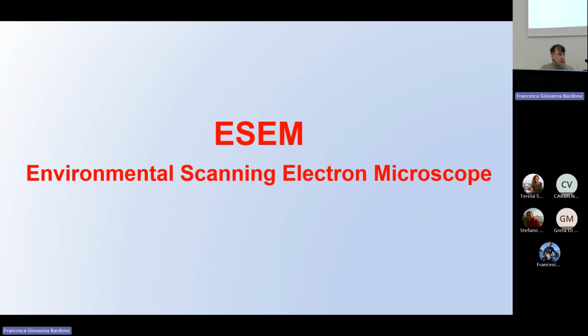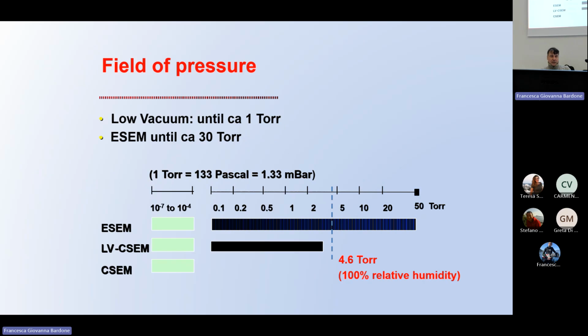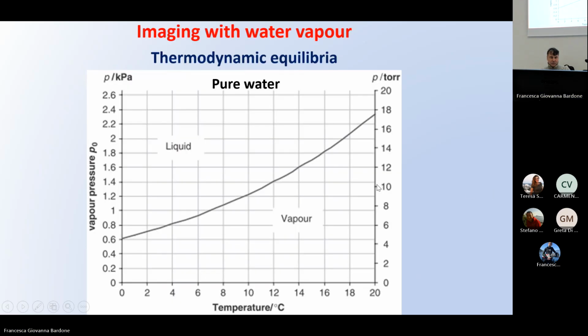This is the meaning of using a real environmental scanning electron microscope. So in the conventional scanning electron microscope, we are limited to this level of vacuum. In the ESEM, we can go up to 50 torr. Usually 4.6, 5 torr is a common value of pressure you can work with, but the system can go up to 50 torr.